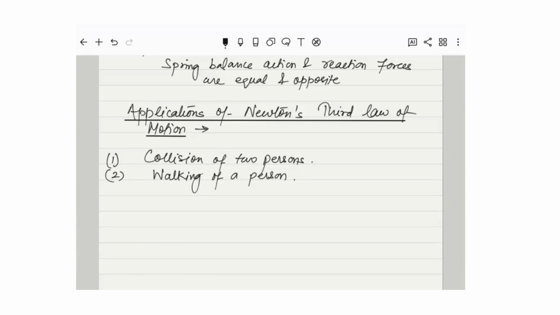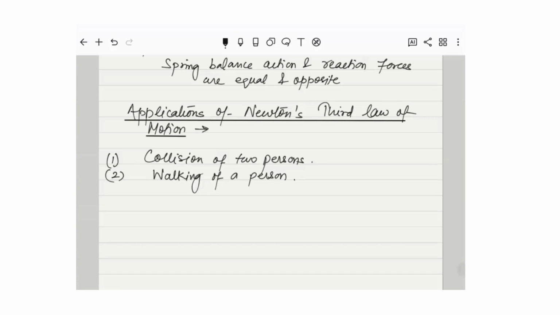So what you are doing while walking is pushing the ground with your foot, right? And an equal and opposite force, the ground is applying on your foot in the opposite direction, and this enables the person to move in the forward direction. Okay, so we are able to walk because of Newton's third law of motion, that is action reaction.